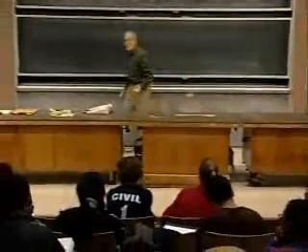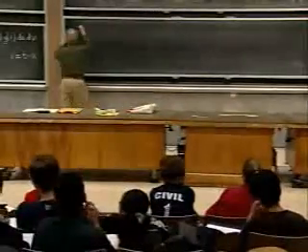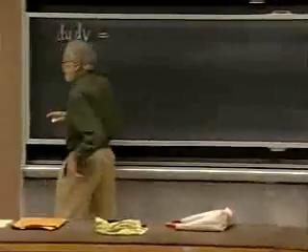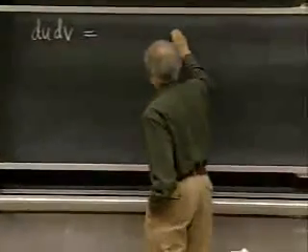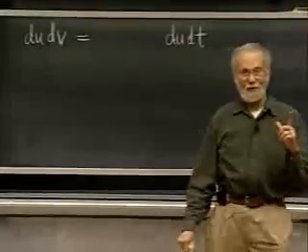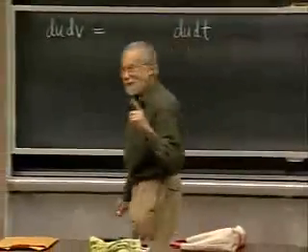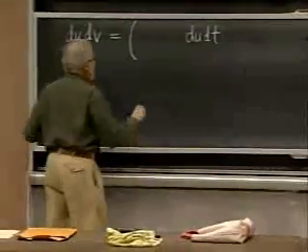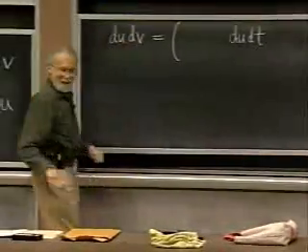Let's do the easier of the two first. I want to change from du dv to du dt. And now to do that, you have to put in the Jacobian determinant. Aha! How many of you forgot that? I won't even bother asking.